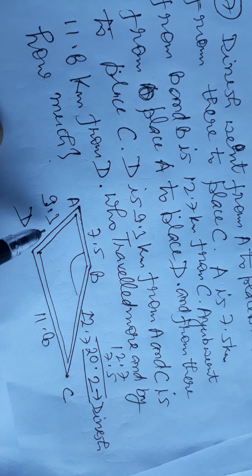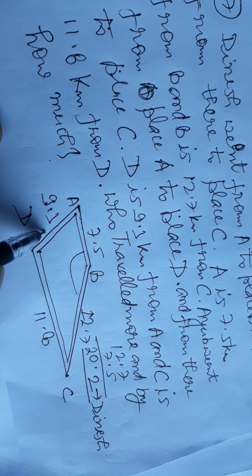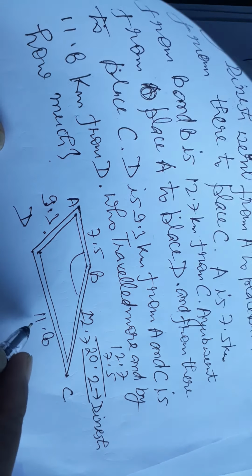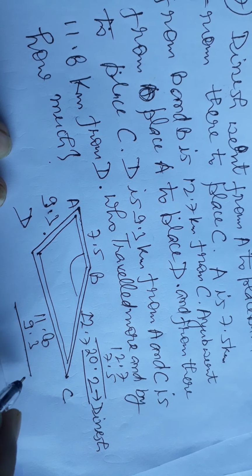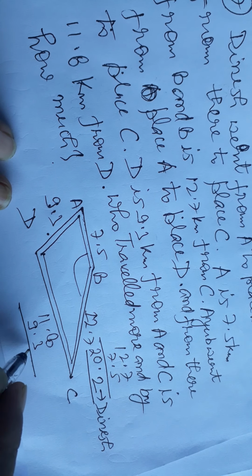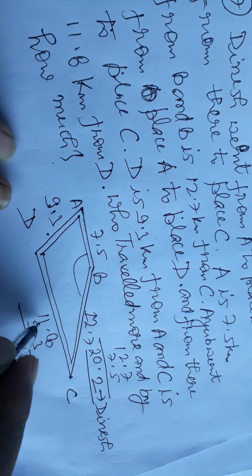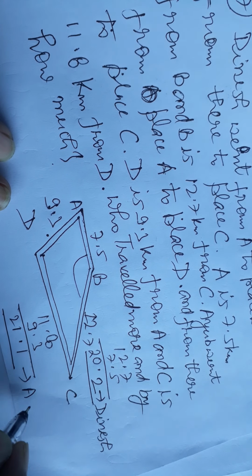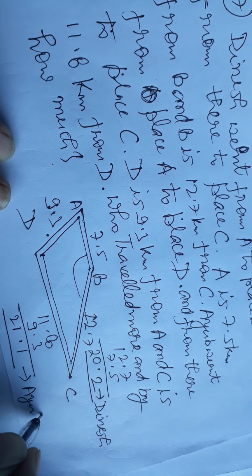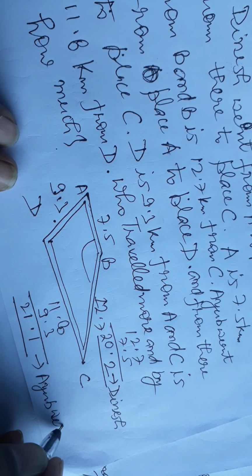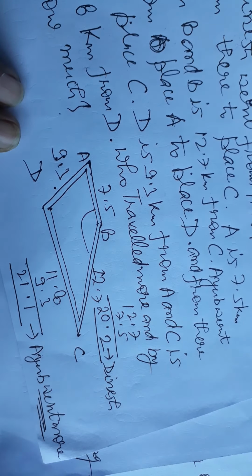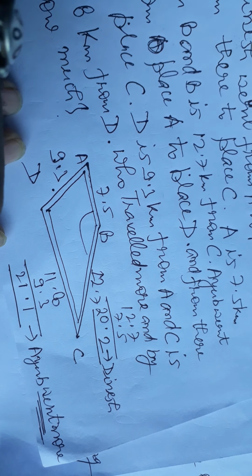And for Ayub's distance, we have to add these two. 8 plus 3 is 11, 1 carry, 10 and 11, 1 carry, 22. So Ayub went more. Now we will go for our next question.